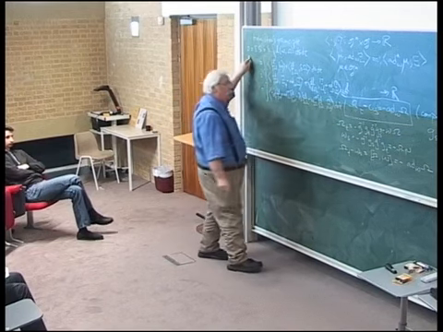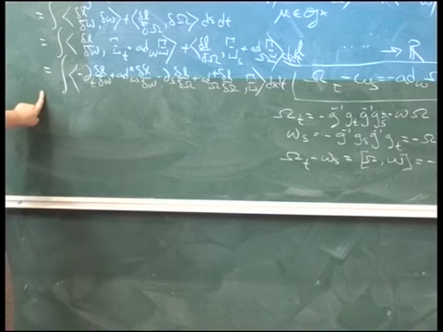C is arbitrary. So we've just done Hamilton's principle on a Lie algebra. Okay?